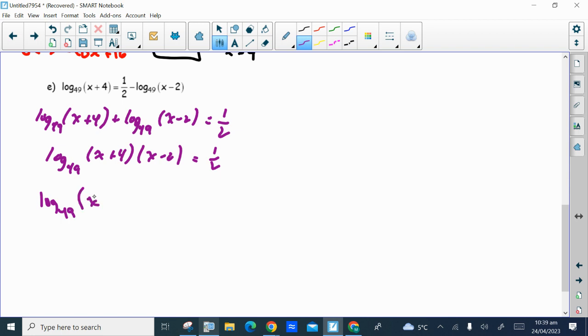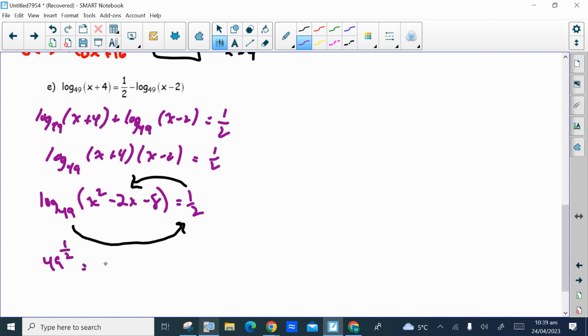So when you multiply those out, you'll get x squared minus 2x minus 8. And once again, we will convert from logarithmic to exponential. We'll start with the base and cycle through, which will give us 49 to the power a half equaling x squared minus 2x minus 8.